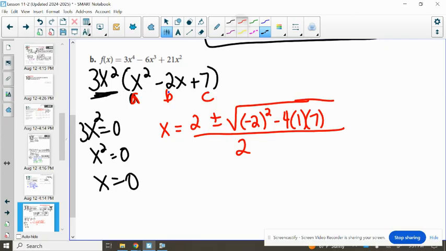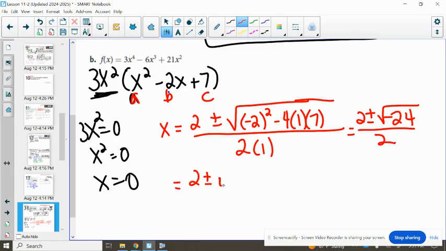And this time, as we solve, underneath, we have 4 minus 28. So negative 24 is underneath the radical. That is going to move out so that we have i on the outside. And then officially, the square root of 24 can break down to be our perfect square of 4 times 6.